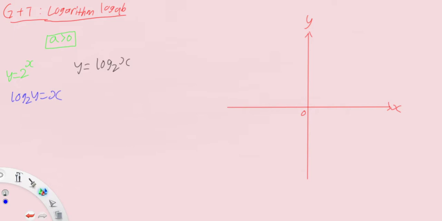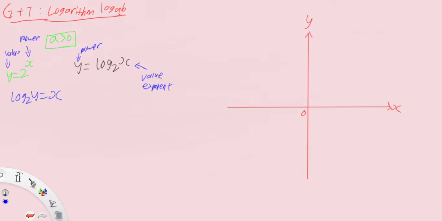So what happens is this. In your logarithm, your y is the power, and your x is your value of the exponent. So it changes, because if you look at the original exponential graph, your x is your power, your y is the value.